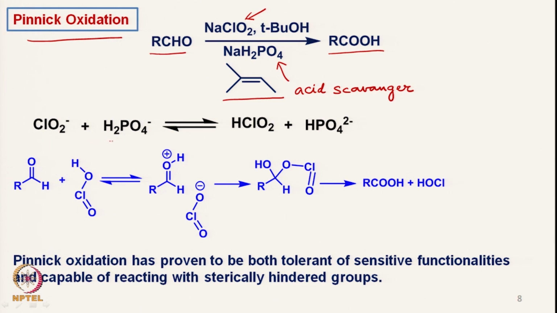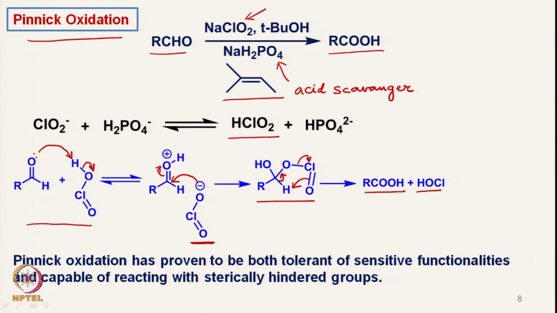So, sodium chlorite reacts with this buffer to form this particular molecule HClO2, and that reacts with the aldehyde in such a way that the protonation takes place by the release of this particular part of the oxidizing agent that attacks onto the oxonium ion to form this intermediate, which then undergoes oxidation to form HOCl and the corresponding carboxylic acid.